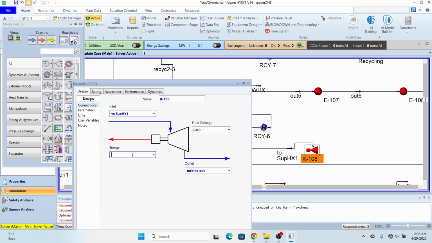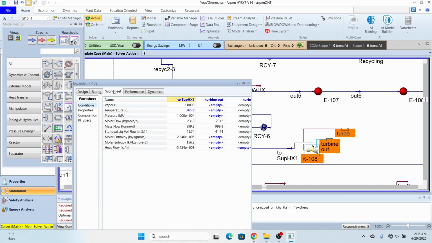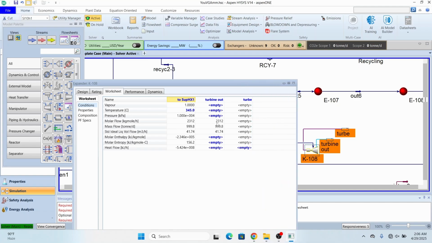Energy you can write as turbine E. So that's good. In the worksheet, just give a condensing pressure over here. I can give 10 kilopascal as my condensing pressure.